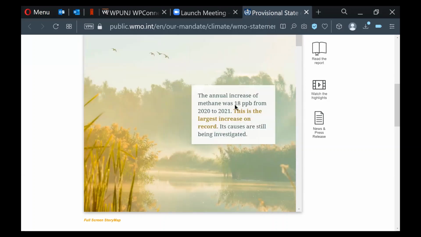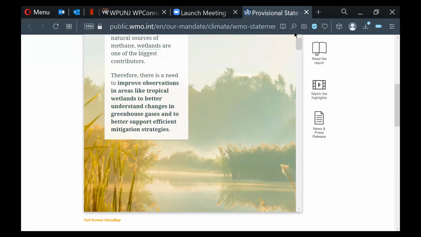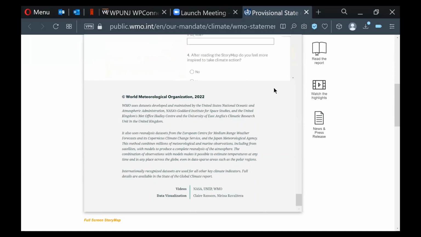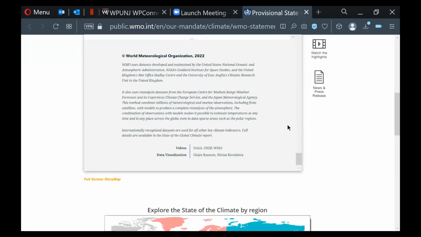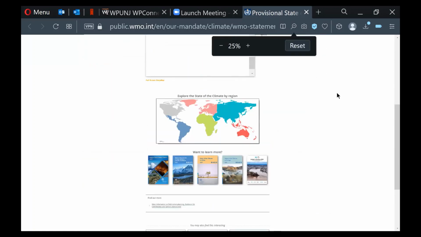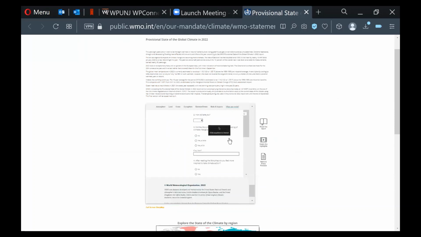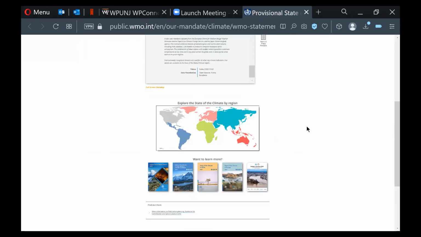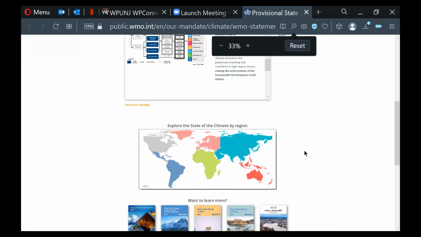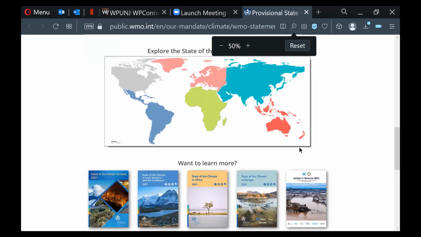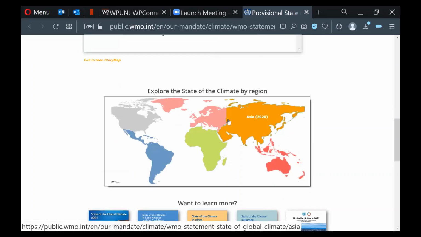So definitely take a look at this website. Okay, and then I scroll down to the bottom of this rectangle in the middle, and we get to explore the state of the climate by region. So you can click on different areas.